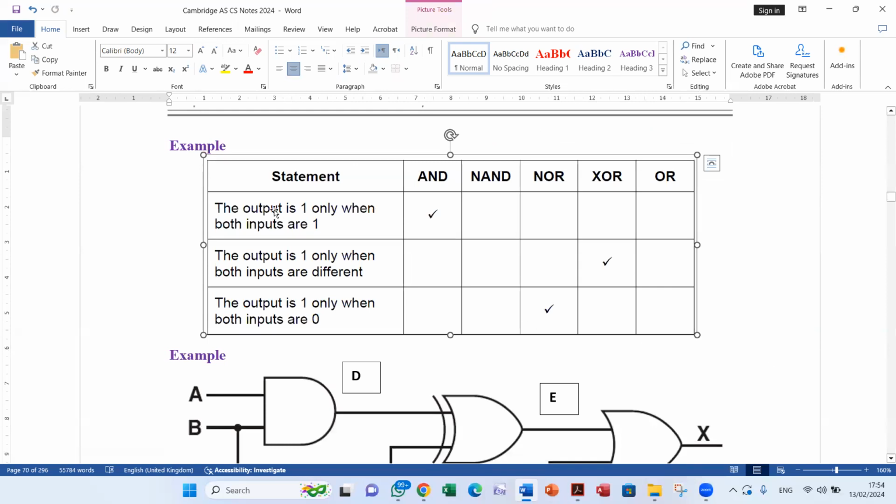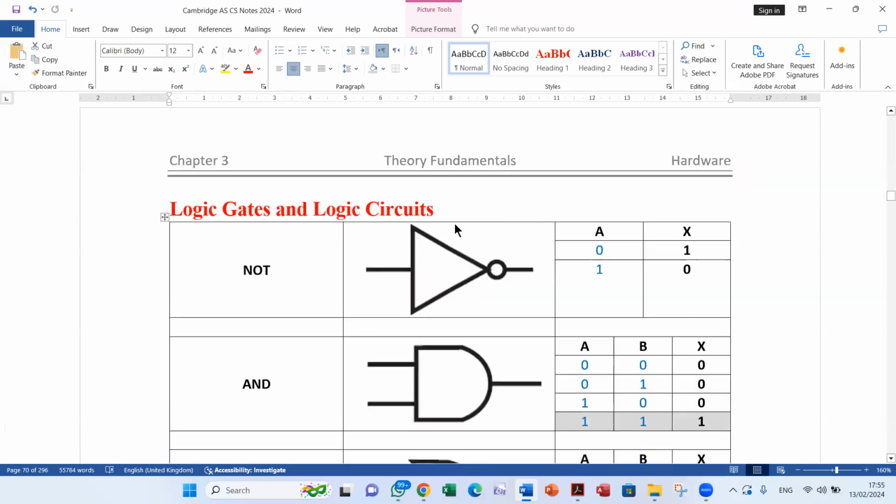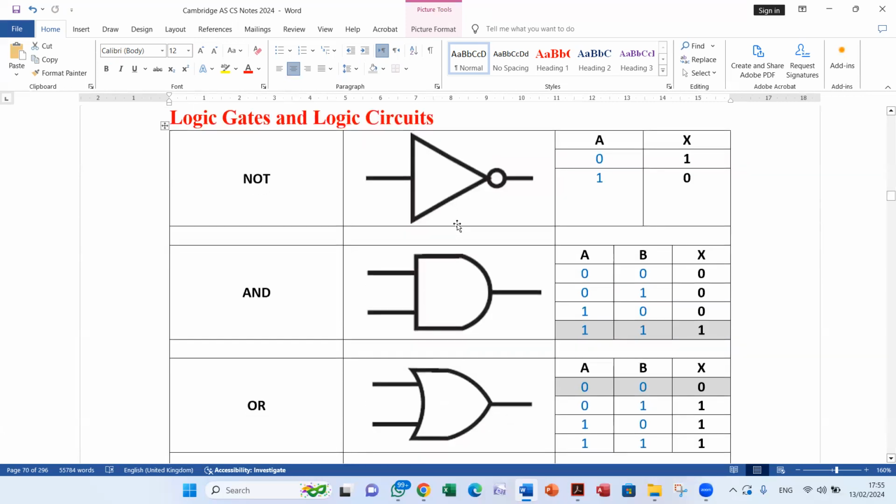The output is 1 only when both inputs are different. Yeah, this is the XOR. The output is 1 only when both inputs are 0. This is the NOR because it's the opposite of the OR. So puzzles like this should come out of your understanding of these.